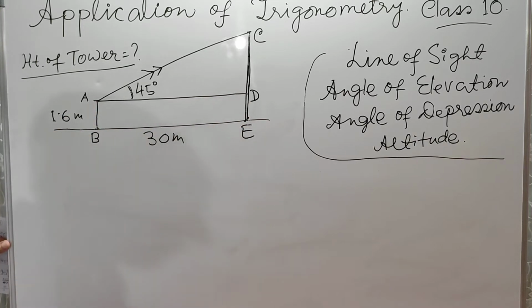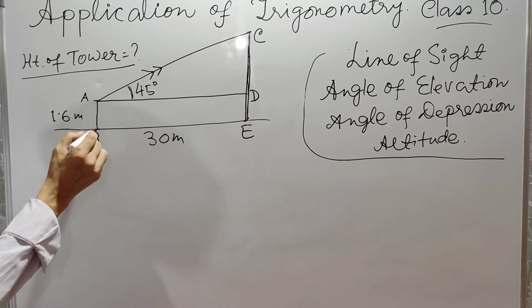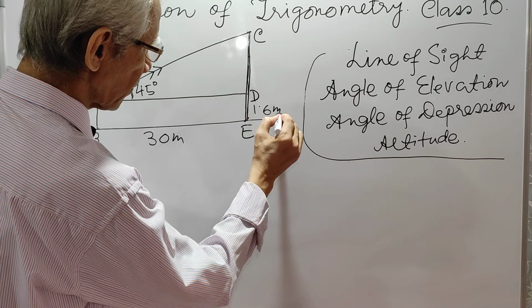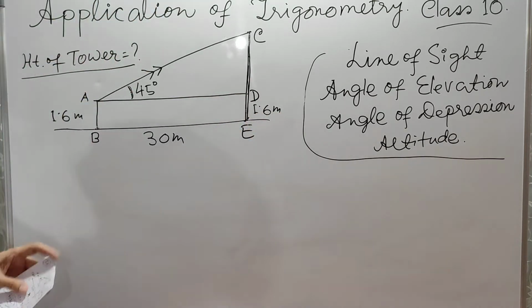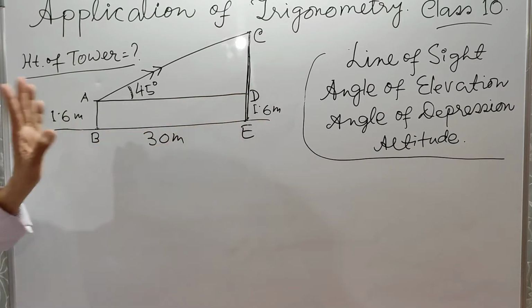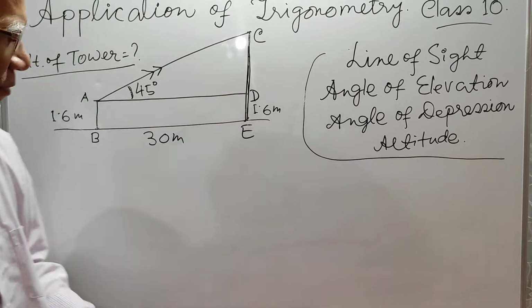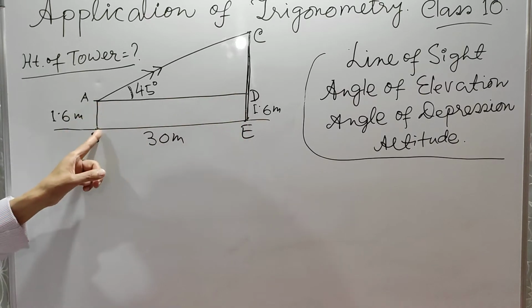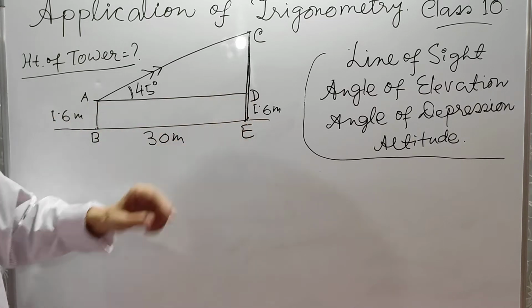This is a rectangle. If AB is 1.6, so DE will be 1.6, isn't it? This is why you have to draw the figure correctly. Therefore, DE will be equal to AB. AB is 1.6, so DE will be 1.6.